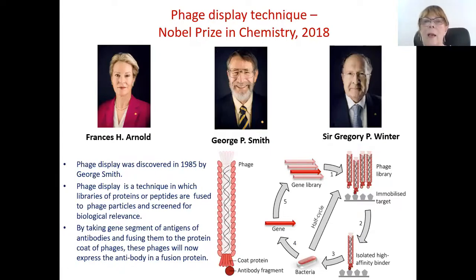The Nobel Prize in Chemistry in 2018 was given to Francis Arnold, George Smith, and Gregory Winter. George Smith was the one who discovered the phage display phenomenon. He used a very interesting phage, which has no head but looks like a rope, and because of this it has a lot of proteins on its surface. So it is possible to modify its DNA so that different proteins are expressed on the surface.